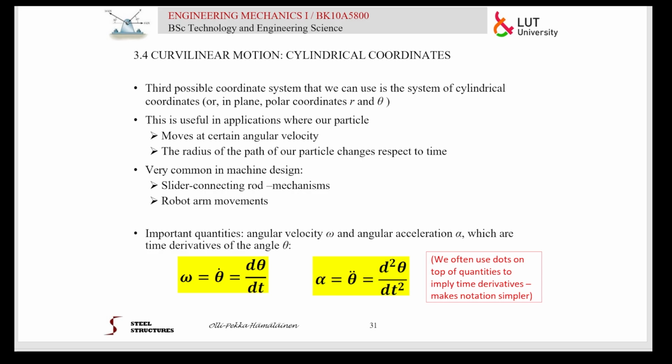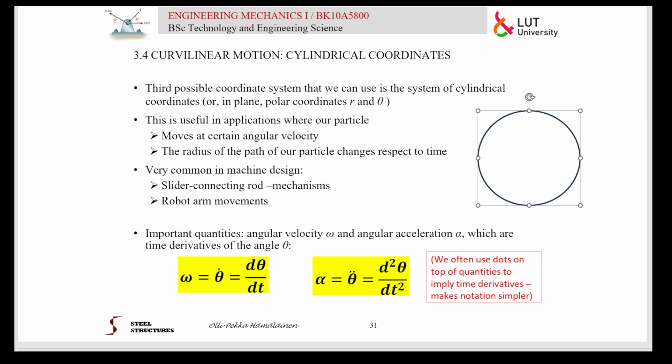In the plane, the cylindrical coordinate system is represented by two coordinates, r and theta. So what is this? For example, if you had a circle, let me try to draw a circle here, and then remove the filling.